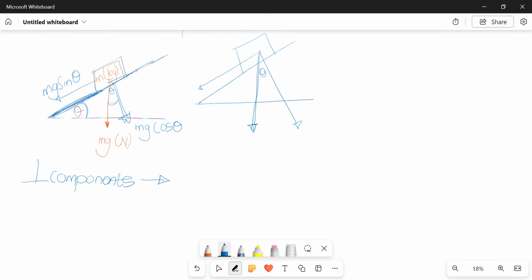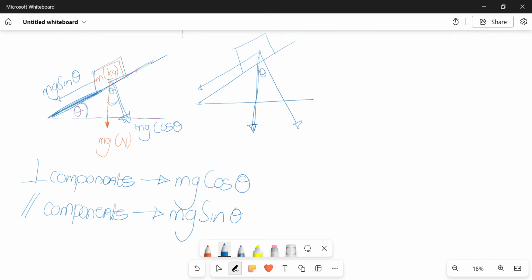So our perpendicular component would be mg cos theta, and your parallel component would be mg sine theta. Are we still together?